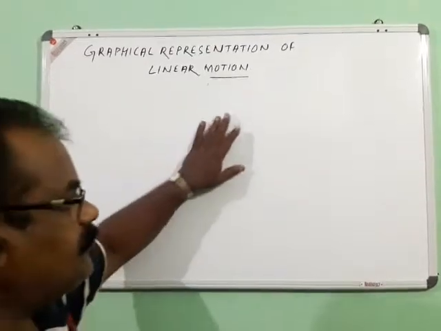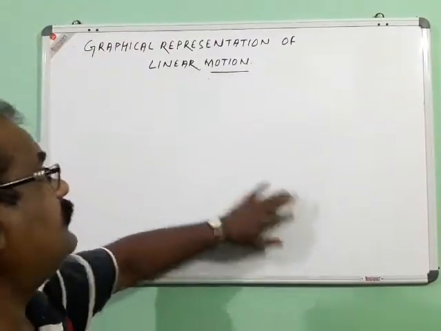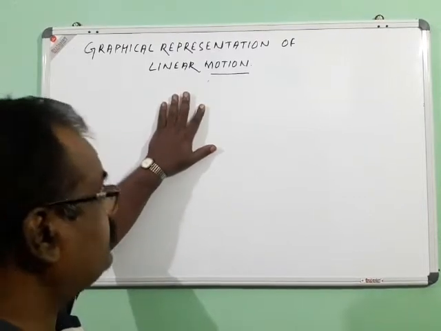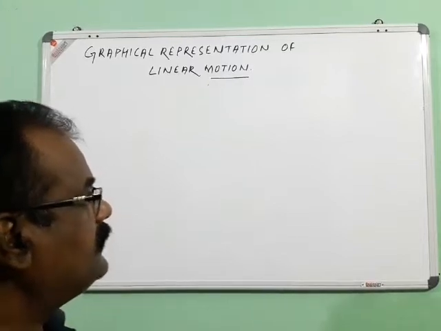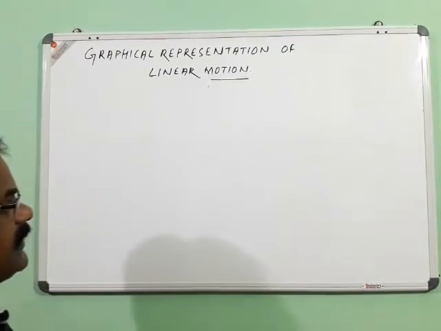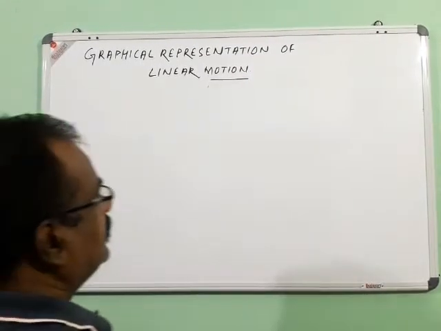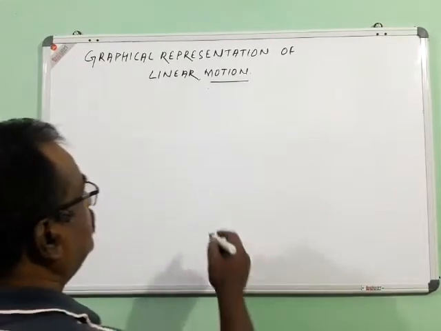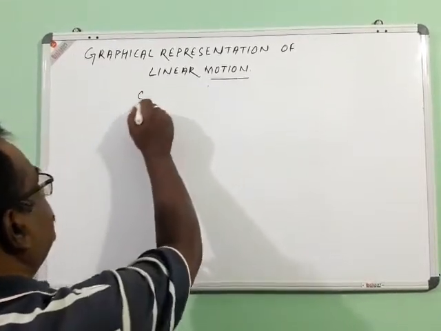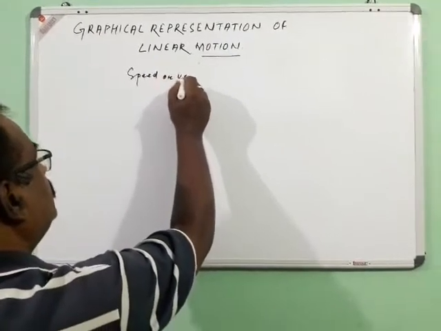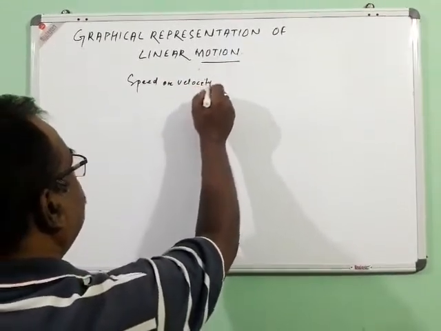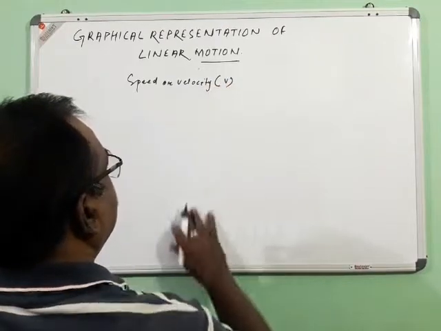After getting the introductory idea, now we'll go to our main topic, that is the graphical representation of linear motion. In case of linear motion, as we have already known, there are different variables. One is the speed or velocity, which can be represented as v.